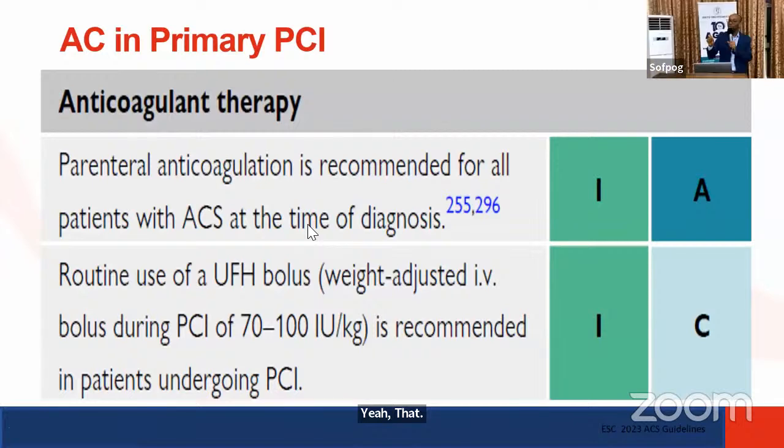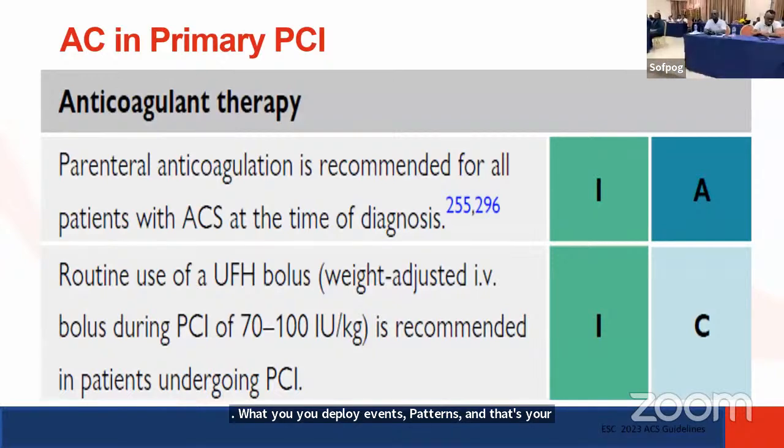If you think your patient is going to PCI, you use unfractionated heparin. The dose is 70 to 100 international units per kilogram given to the patient. Sometimes after stenting, you may have to continue for two or three days before eventually leaving your patient on the dual antiplatelets, statins, and other drugs that your patient needs.